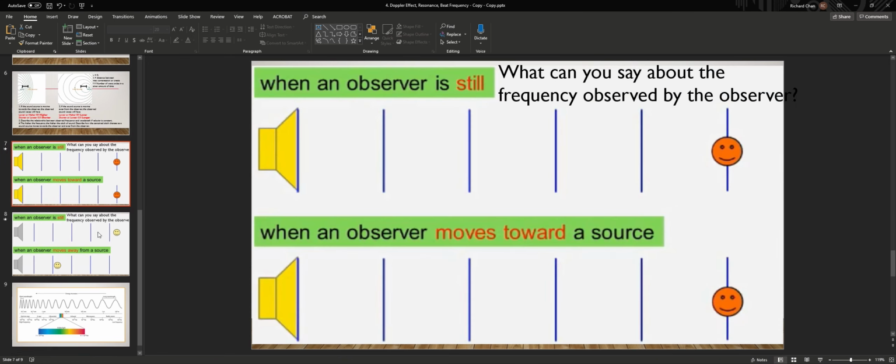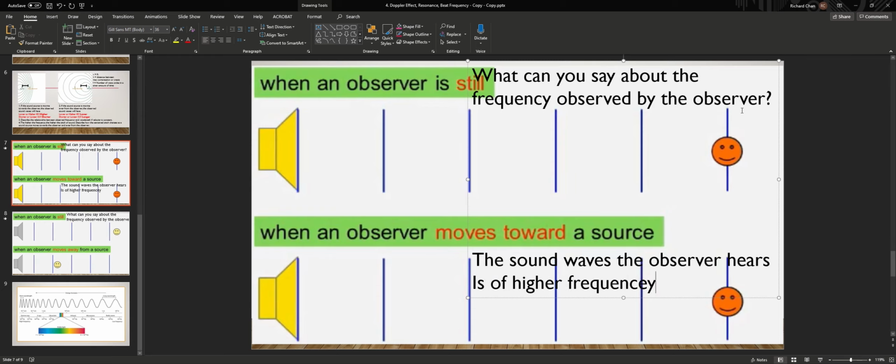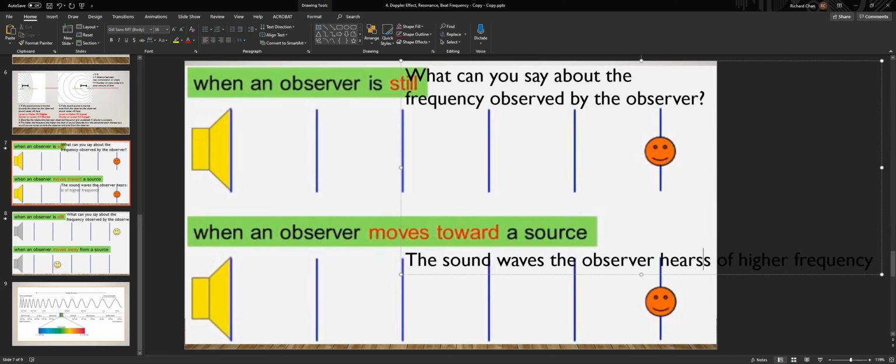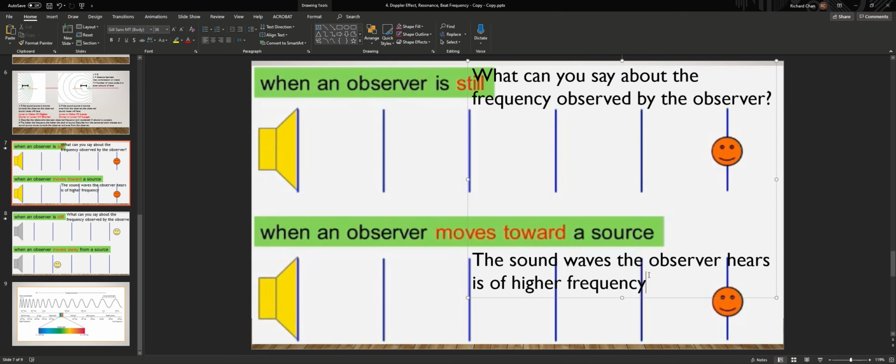All right. So let's actually summarize this in case you need to look at this as you're completing your questions. When an observer moves towards the sound source, the sound waves the observer hears are of higher frequency and shorter wavelength.